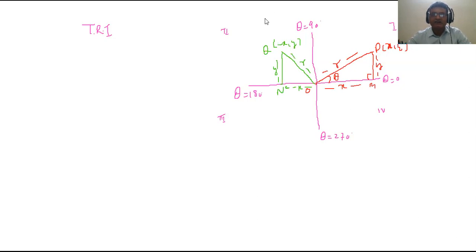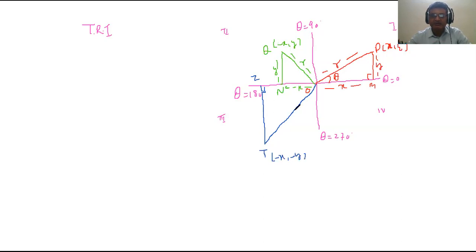Now we are taking a triangle in the third quadrant. Let it be t, and this is going to be j. So here we can take (-x, -y).